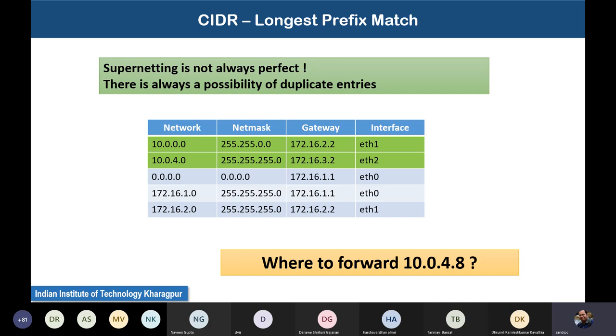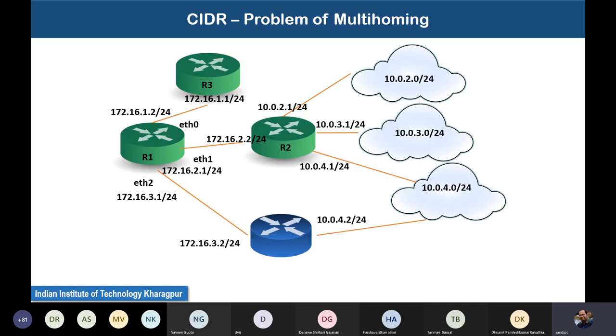Because how will you find out that subnet 10.0.3.0 is actually connected to the interface 172.16.2.2? For that, you need the entire network graph, right? So in the next Monday class, we are going to talk about how we are going to construct this routing table from a typical network having CIDR.